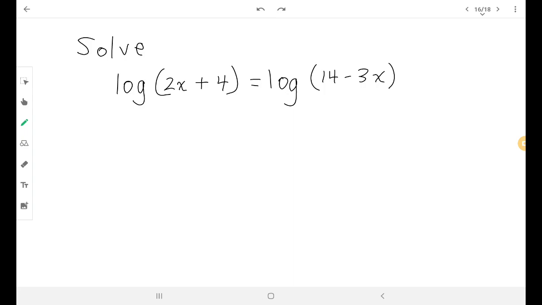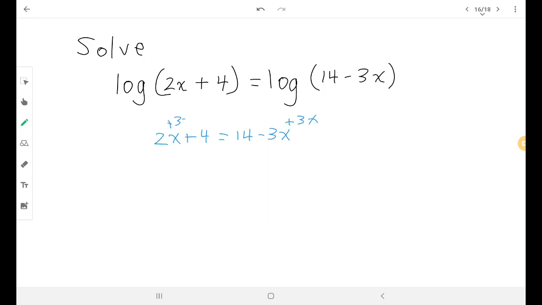But what's really important is that if you see the same log, same base on both sides, you can actually ignore the log and just write the other parts equal to each other. Just like bases, because it actually is all essentially the same thing. So I'm just going to set these two parts equal to each other and solve.